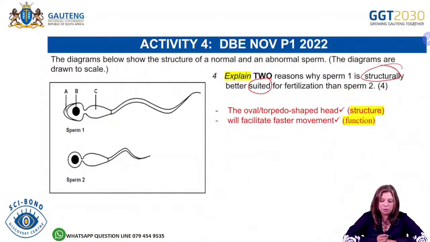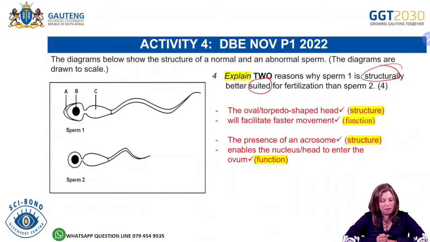The oval or torpedo-shaped head, not round, will facilitate faster movement and allows for aerodynamics, isn't it? So it will allow for faster movement. This enables the sperm to swim faster to the ovum.